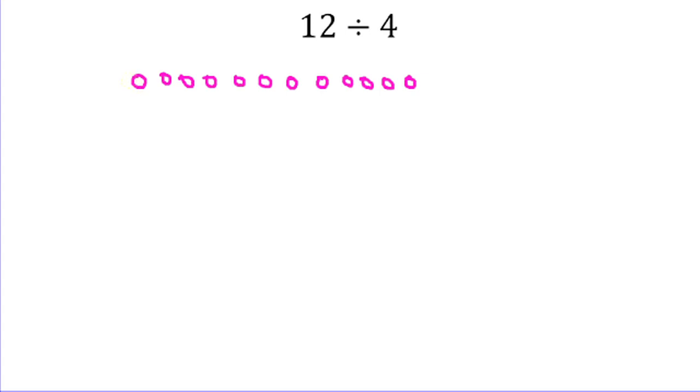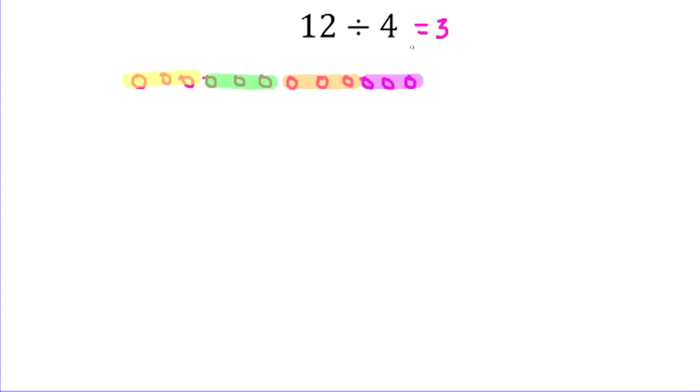So I have 3 here, and 3 here, and 3 there, and 3 here. So when I take 12 and divide it into 4 equal parts, that's equal to 3.